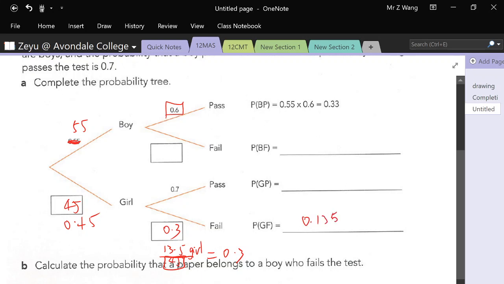It means 13.5 girls, out of 100, is this number. So this number is out of 100, and this number is out of 45.